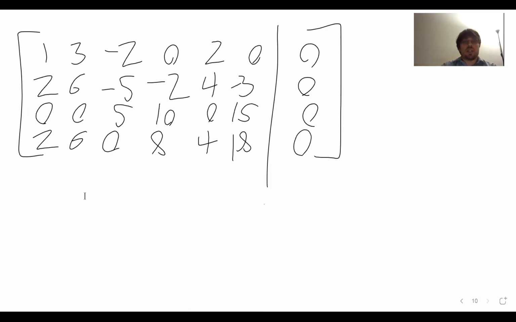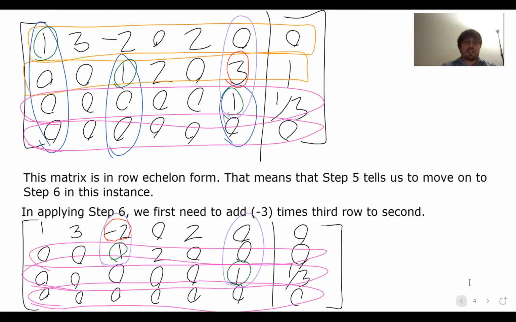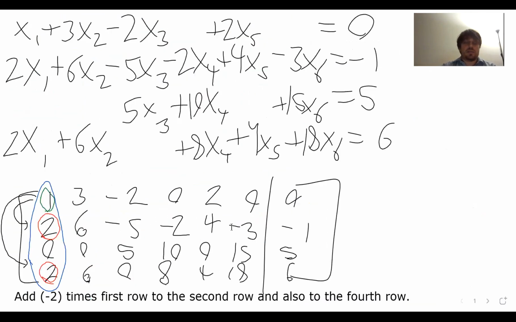So if we look at the earlier example we just did, and look at this matrix, to the left of the vertical line is the exact same matrix. Before we had different numbers on the right that were not all 0, so that was not a homogeneous linear system.